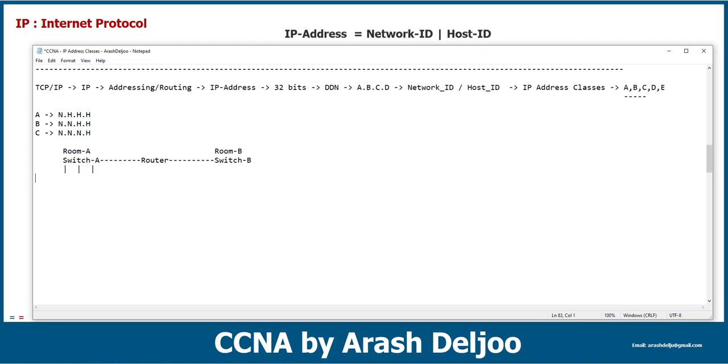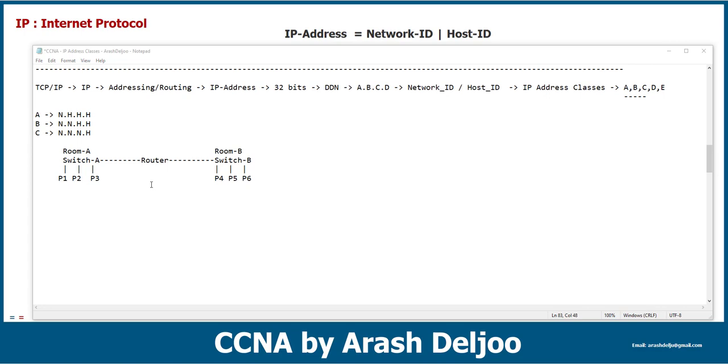Switch A is connected to P1, P2, and P3, and here we have switch B, again with 3 PCs: P4, P5, and P6. This is the first example in this class.